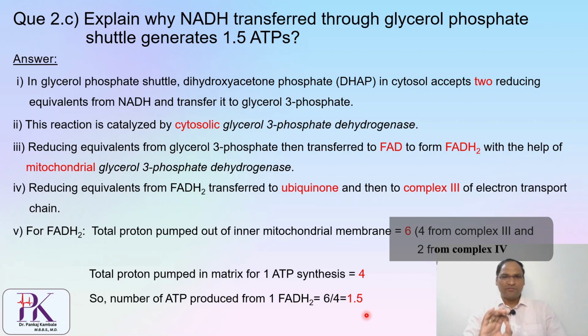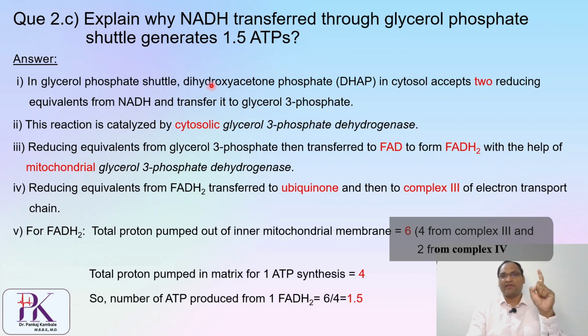This is a very specific answer because the question is specifically asking about the glycerol phosphate shuttle. Don't describe the malate aspartate shuttle and the differences between the two shuttle pathways. The question is why NADH transferred via the glycerol phosphate shuttle generates 1.5 ATP.